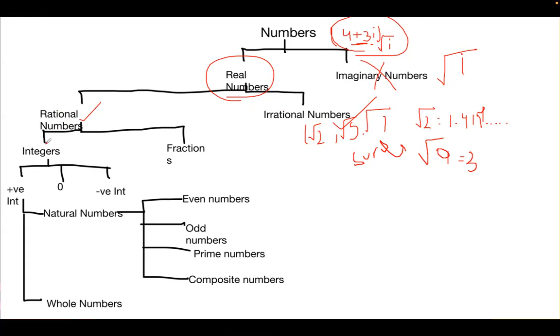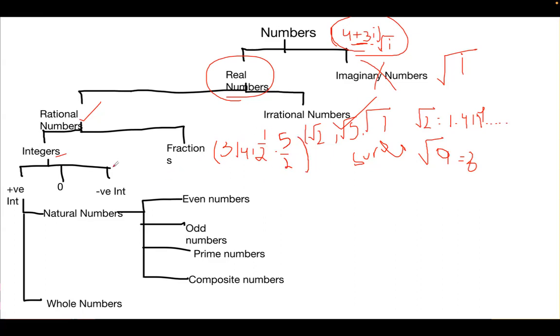Again, the rational numbers are divided into two types, that is integers and fractions. Fractions you might know, like 3/4, 1/2, 5/2, and so on. These are examples of fractions.